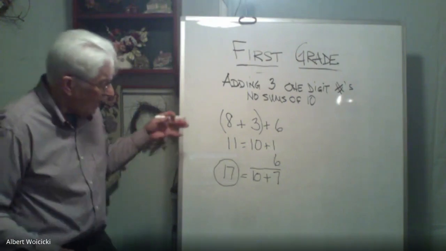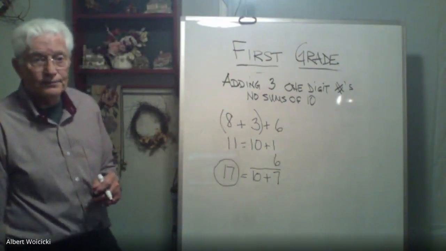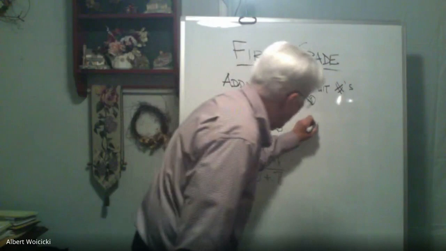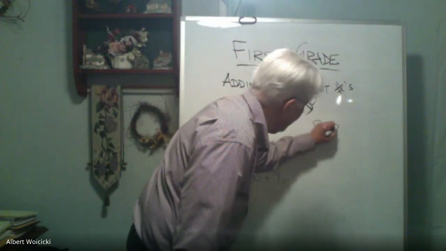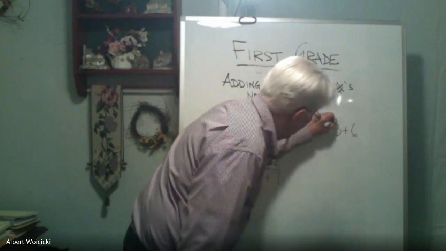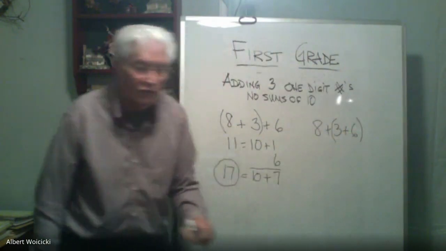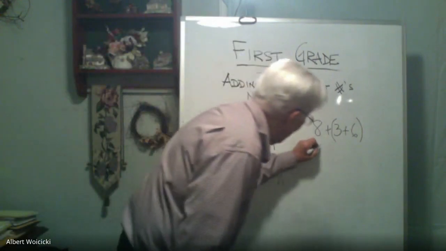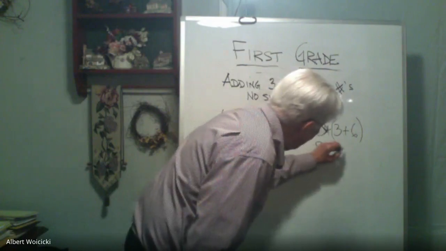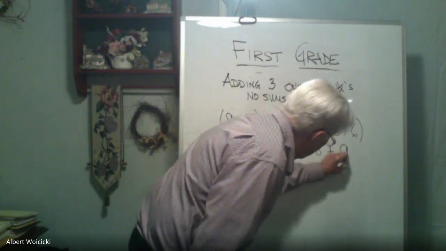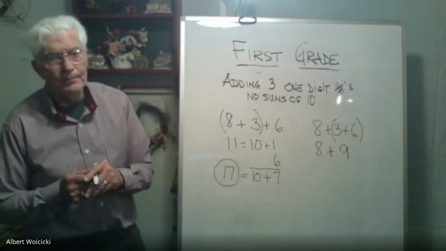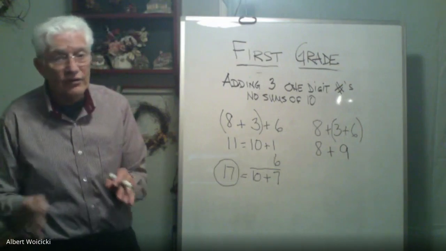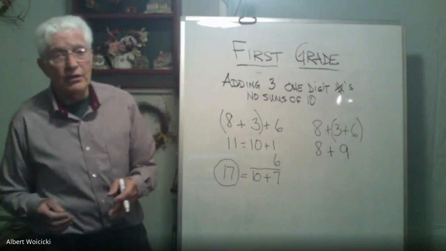Now, I don't have to associate things this way. I could do it another way. I could take 8 plus 3 plus 6, and I could put these two together first. Now I've got 8, and everybody knows 3 plus 6 is 9. So now I've got 8 plus 9. Now, here's where the student should never, ever be looking at their fingers.